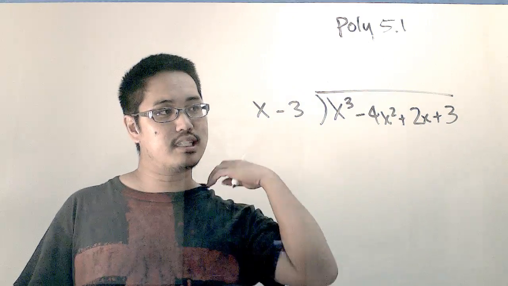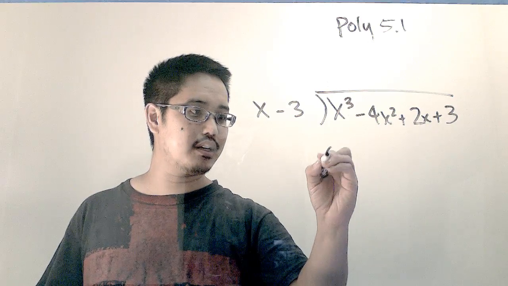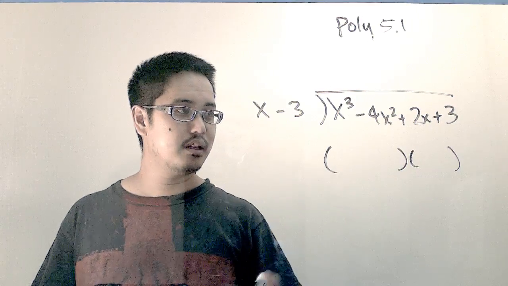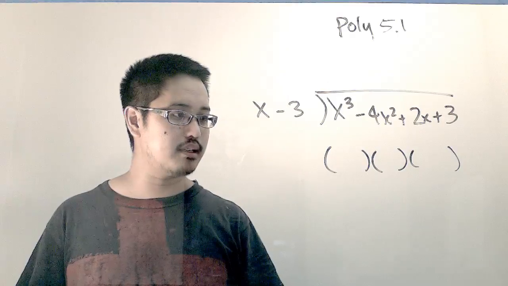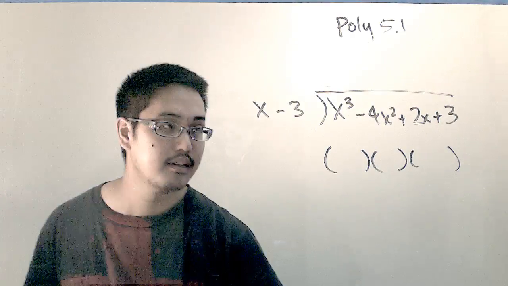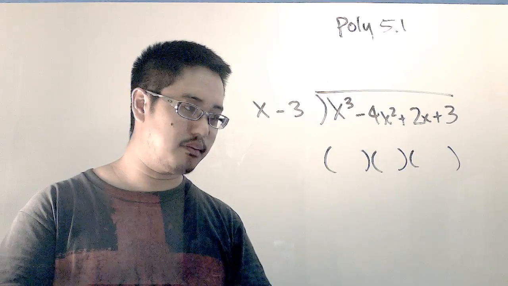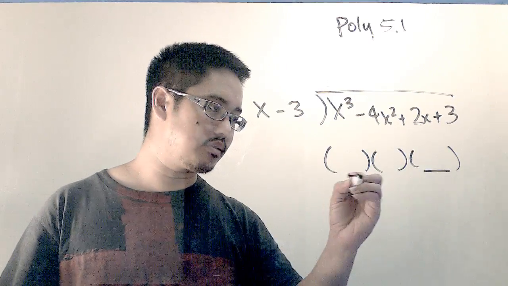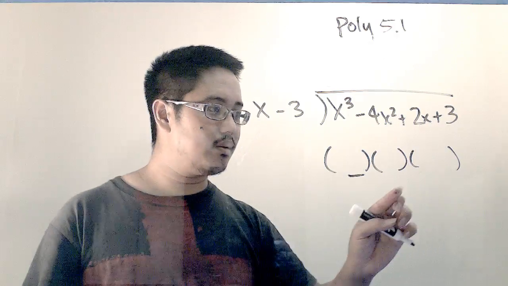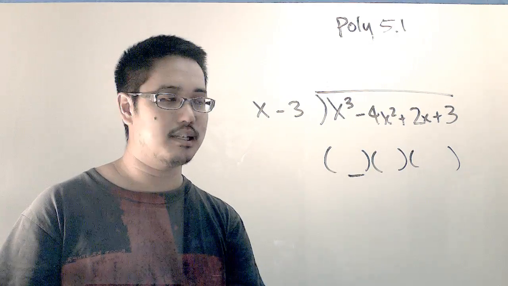Because I suspect that this thing can be written something like this. It could probably even be written something like this, if we're lucky. But if I could know one of these, like maybe this one, or this one, it doesn't matter, then what is left over? That's really what I'm asking.